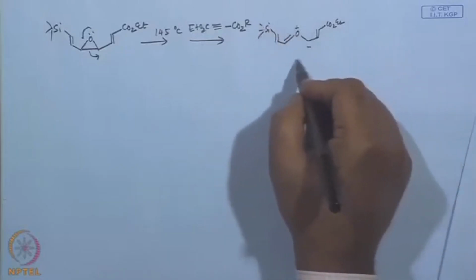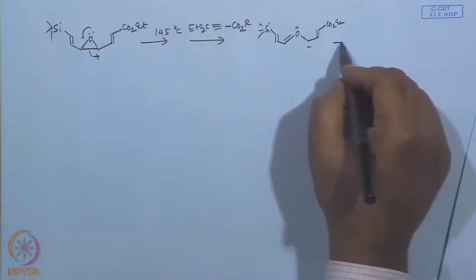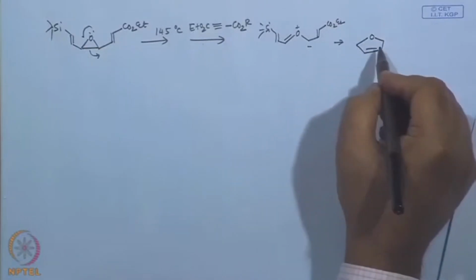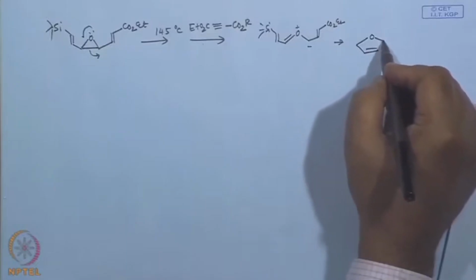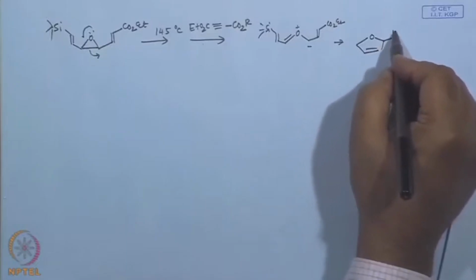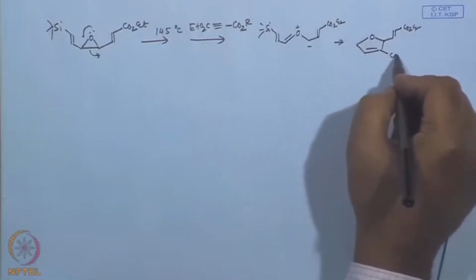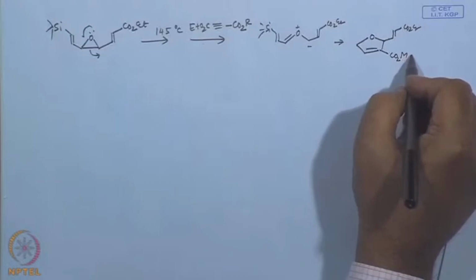Then all of you can write the final structure, which would be again a furan derivative, and all these substituents are as they are. Ignore the stereochemistry at the moment because there is no specificity here.